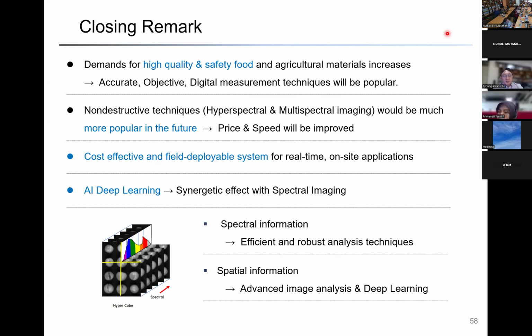Also, the important thing, which I also mentioned in Andreas's examination, is the stability of your system. When you use a light source, the light source intensity should be stabilized.